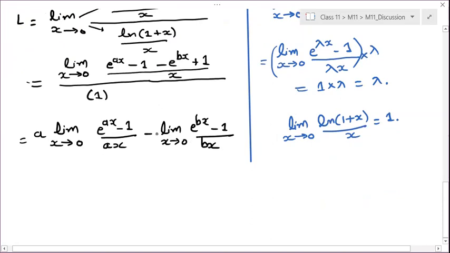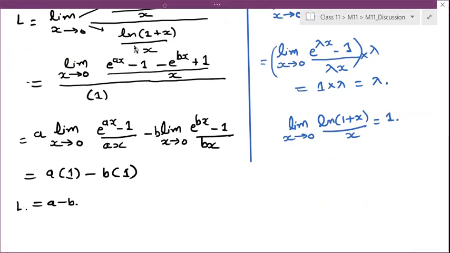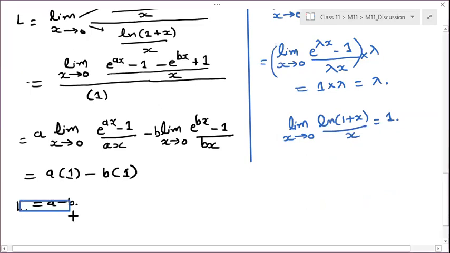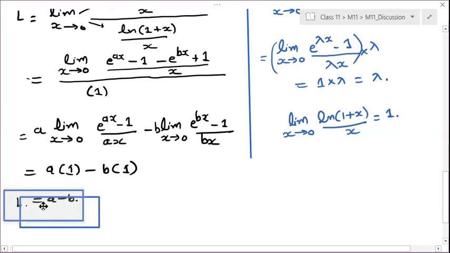I'm dividing with b over here and I'm multiplying with b over here. So this is a into 1 minus b into 1. So this is your a minus b. Is it clear? Okay, this is your answer.